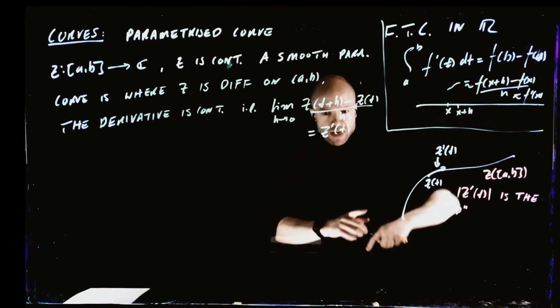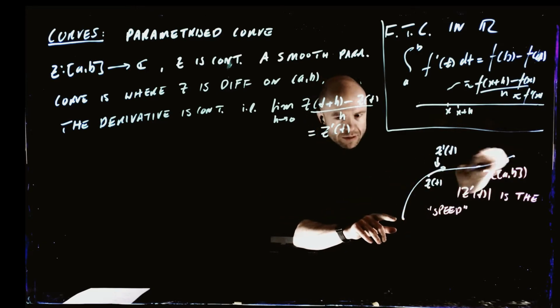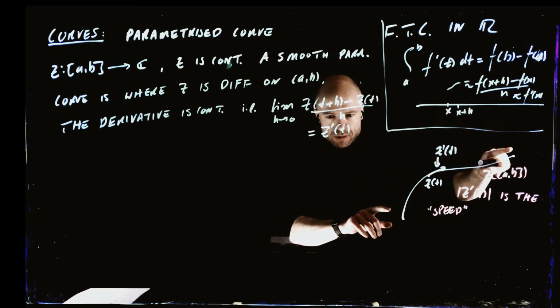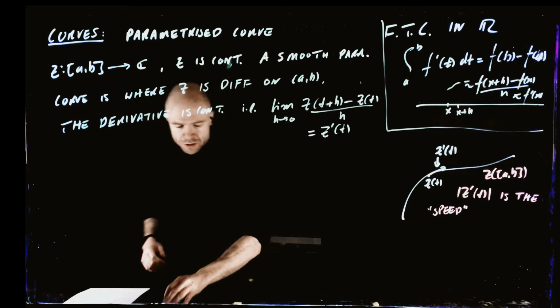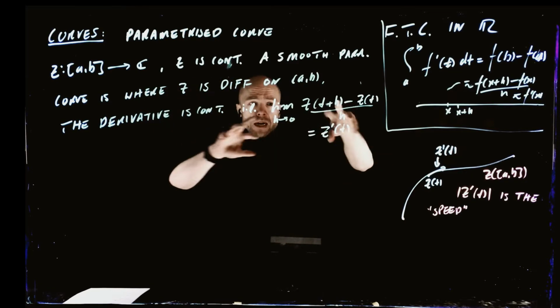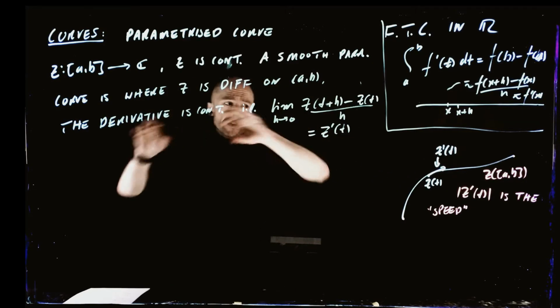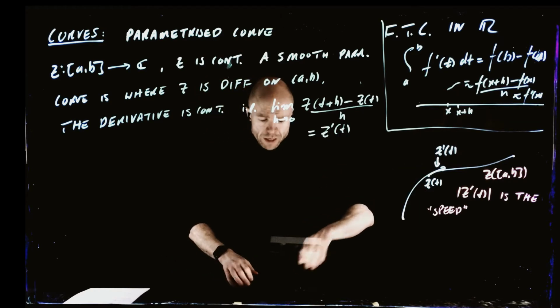We can have different parameterized curves describing exactly the same set of points. So this is something we're going to have to face shortly. But just to the mechanics of it, just the formalities of it, this is what we mean by a derivative. This is its geometrical meaning.